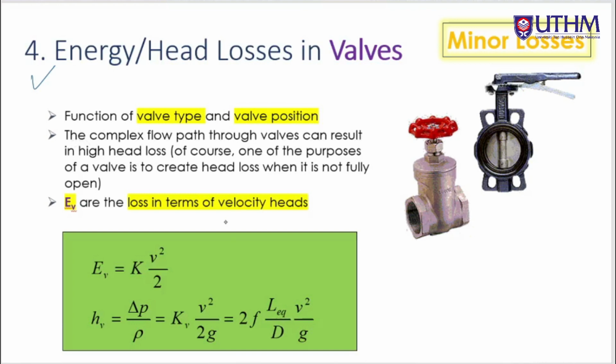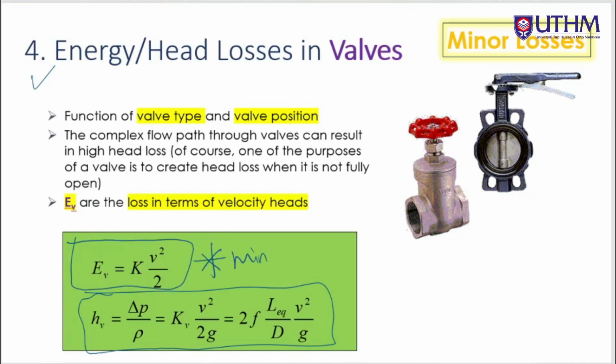So actually for valve, the equation used to calculate the head loss is still the same. This is the equation to calculate the loss. Okay, same as the other minor losses, and in which we need to calculate the coefficient of loss here.